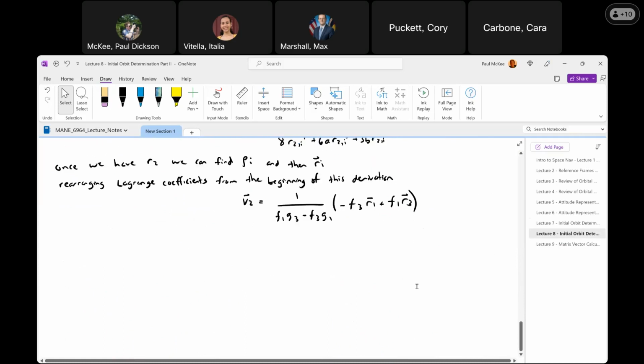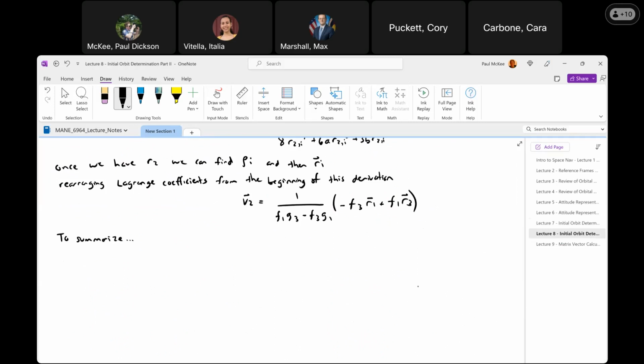So let's summarize everything we just learned. To summarize, the procedure looks like this. Number 1, compute tau 1, tau 3, and tau from measurement times.